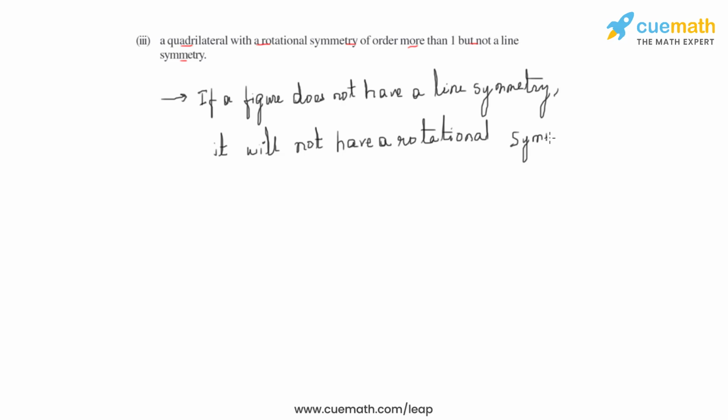So the converse of this statement is also true. If the rotational symmetry is of order more than 1, then there must exist a line symmetry for this particular quadrilateral.